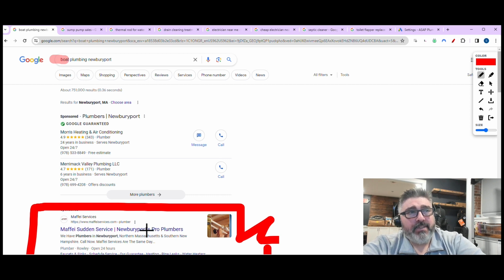If I were to click on this ad, it would probably cost them about $60 to $70. And you just paid for the term boat plumbing Newburyport. So you could see, even with phrase match, you have to be careful about the types of terms that you would attract. So boat is an obvious negative keyword. This company's not doing plumbing on boats.